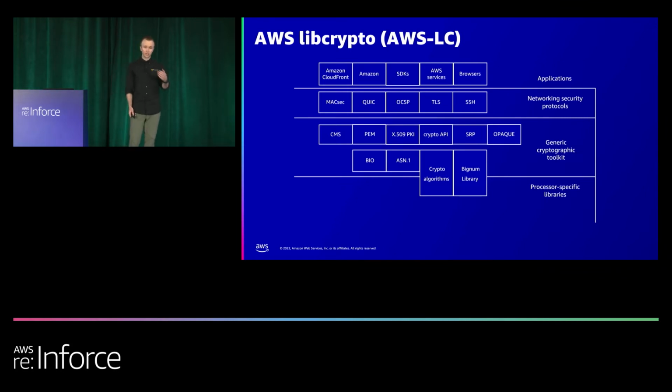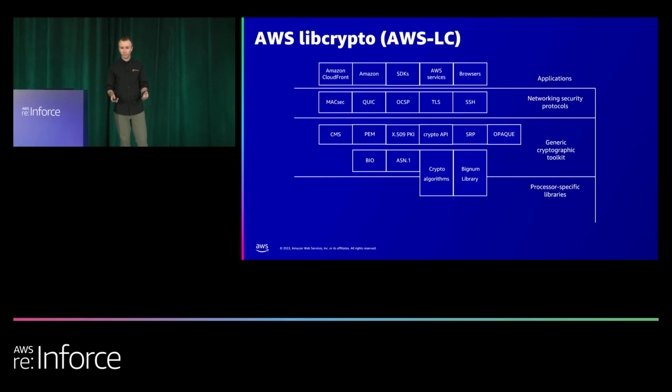The way these higher level services and applications accomplish this is by using some network security protocols. Everyone here has probably used TLS, the transport layer security. This is how you probably are most familiar with connecting to AWS services. TLS is a protocol. It defines the message format and handles the negotiation of which algorithms and keys are used to secure your communication when connecting to AWS.